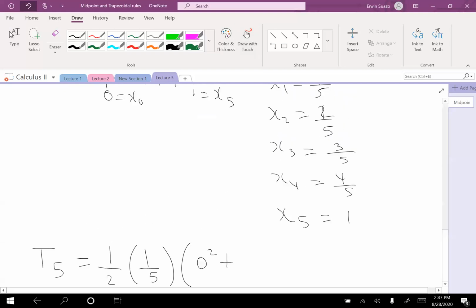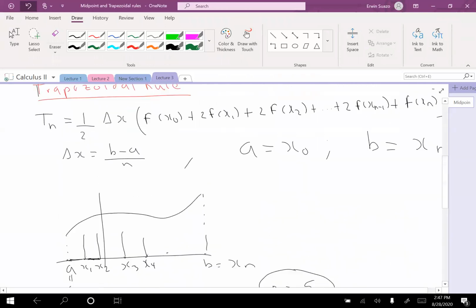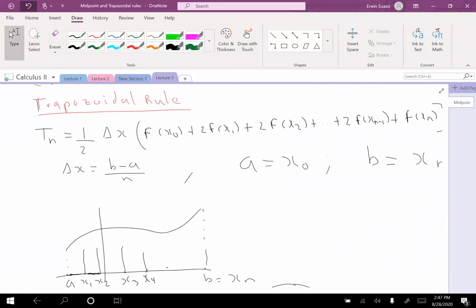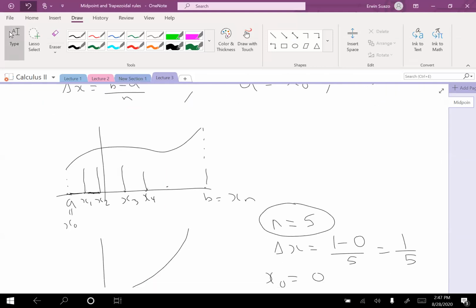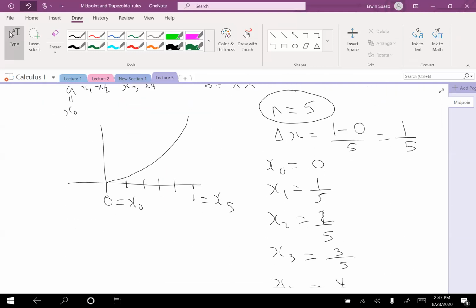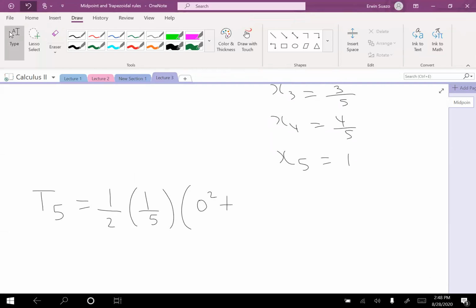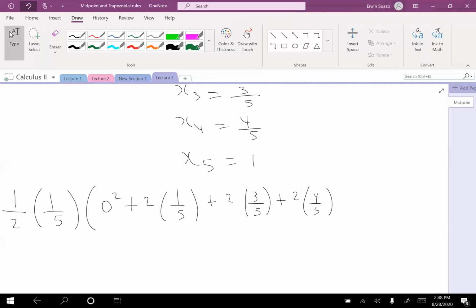Plus, and now the trapezoidal rule says 2 times f of these ones that I marked: x1, 1/5, 2/5. So I have to go 2 times 1/5 plus 2 times 3/5 plus 2 times 4/5.